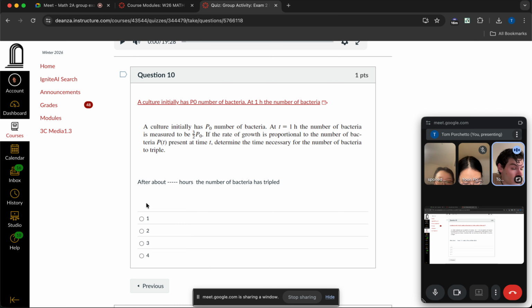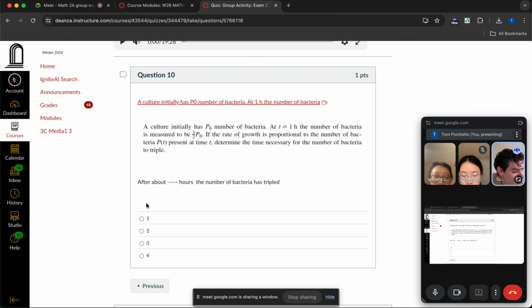Then we solve for e to the power of k. We take the natural log of both sides, so we end up with k equals ln 3 over 2.